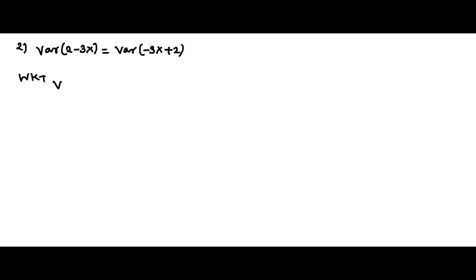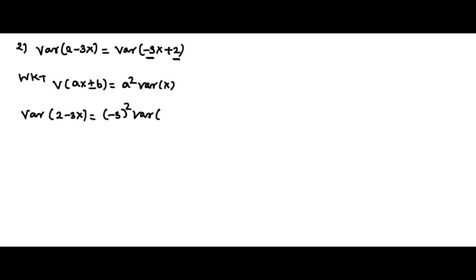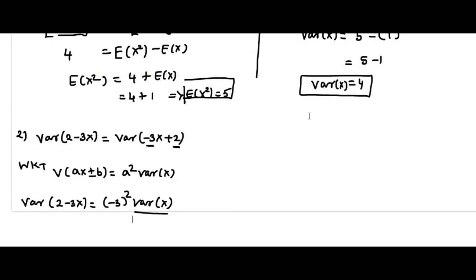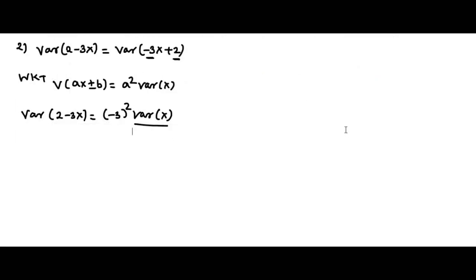We know the variance of aX plus or minus b is equal to a square times the variance of capital X. Using this property, a equals minus 3 and b equals 2. Therefore, the variance is minus 3 whole square into the variance of capital X. We found previously that the variance of X equals 4. Substituting, minus 3 square is 9, and 9 into 4 equals 36. Therefore, the variance of 2 minus 3X is equal to 36.